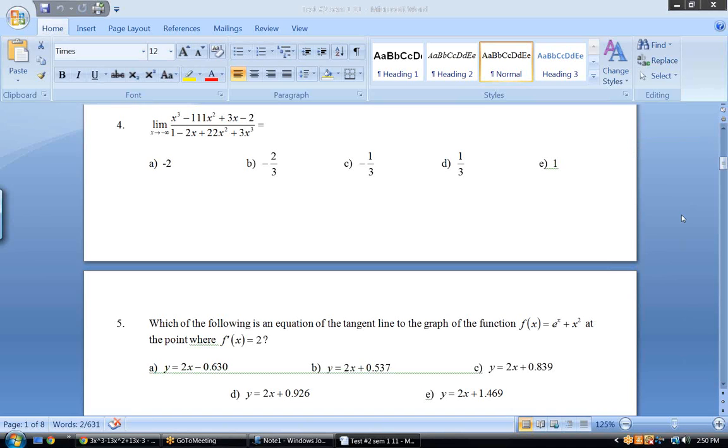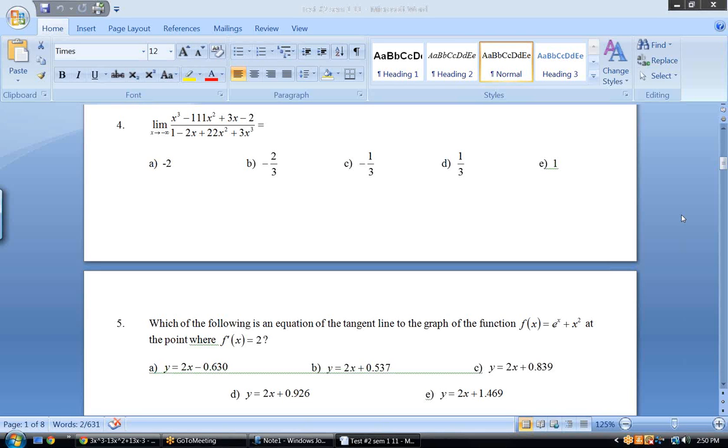That one just looks like you have to take the time to solve it. This one is a case where we have the same highest power, x to the third, in both the numerator and the denominator, and we're looking at end behavior. End behavior is when x goes to either plus infinity or minus infinity.